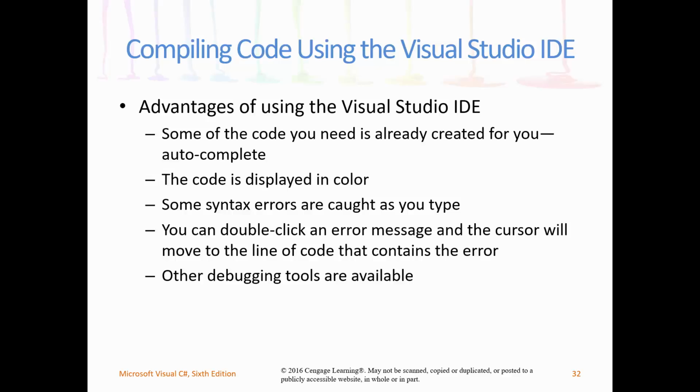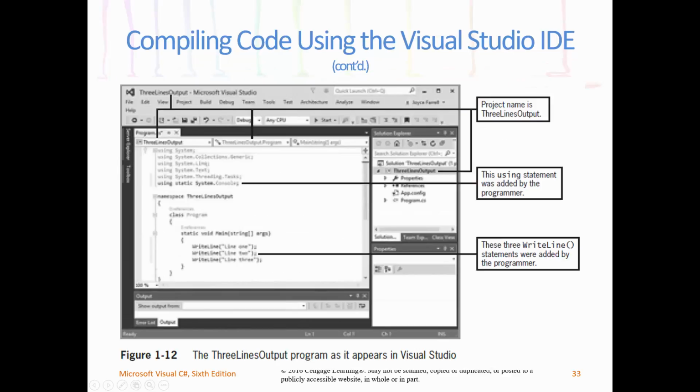Even when we didn't work with the GUI, hopefully you noticed the comments, for example, were in green, keywords are in blue, etc. So our Integrated Development Environment, which is Visual Studio 2015, which is what we're using, makes it easier for you to write code.